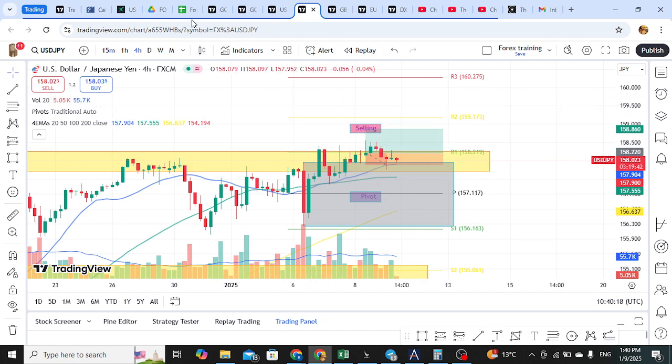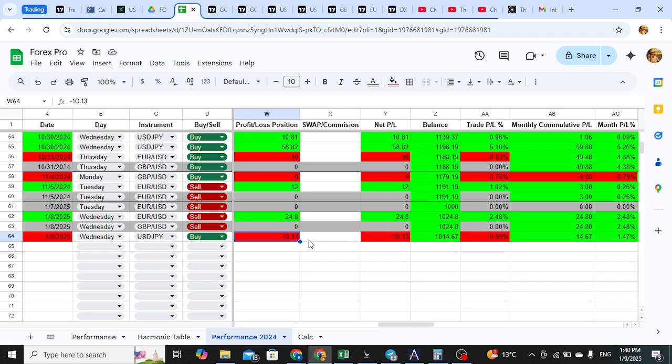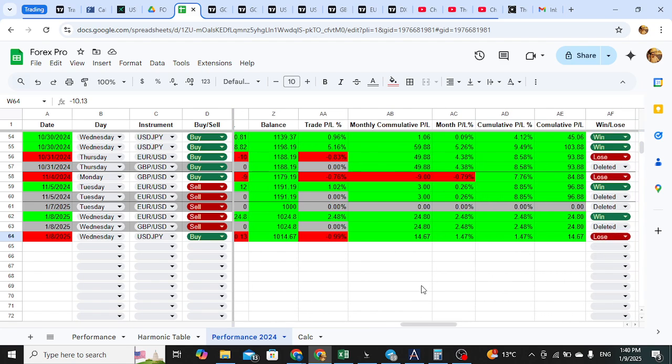So if we go to my log, on a $1,000 example, if the capital is $1,000, I lost on the USD JPY 10.13, and I gained on the Euro USD 24. Therefore, I made $14.67, which makes 1.47% of my capital in one day.